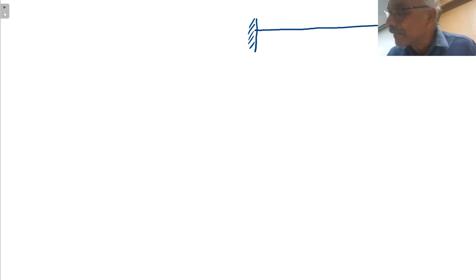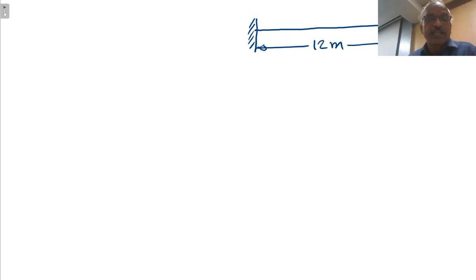Now we will take up a propped cantilever of span 12 meters. The span of the propped cantilever is 12 meters. Now there is a concentrated load of 36 kilonewton.